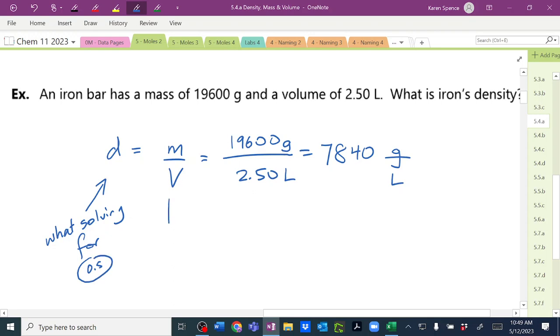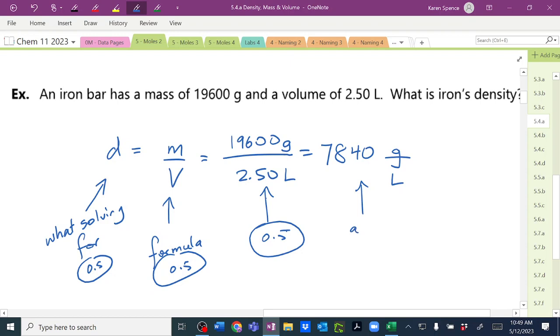You want your formula, half a mark. You're going to plug things in, half a mark. And you get your answer, your correct sig figs, with units. Half mark.